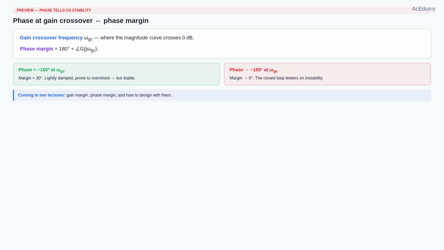If phase at gain crossover is closer to minus 180, the margin shrinks towards 0, and the closed loop teeters on instability. We will dig into gain and phase margins in 2 lectures. For now, remember, a Bode phase plot is not just decorative. It tells you, at every frequency, how stable a closed-loop system designed around that loop gain will be.